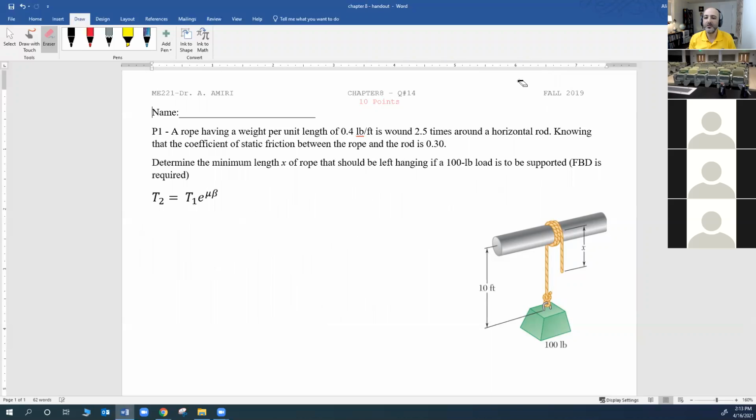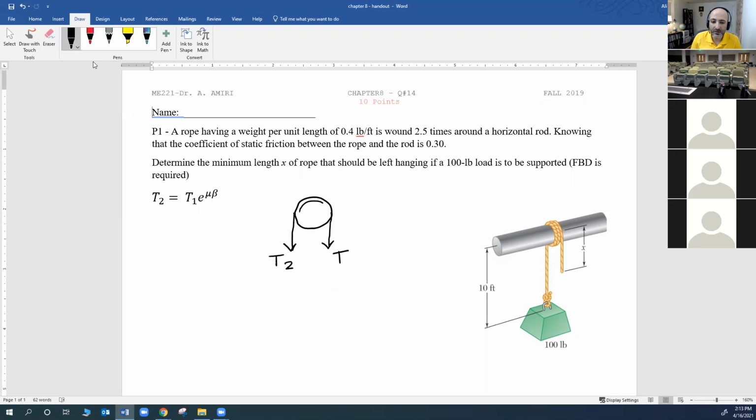Let me draw a kind of free body diagram for you. It's not an exact free body diagram, but kind of. This is a cylinder. I'm going to put a force going down, I'm just going to call it T for now, and then T2, and then I have friction all along the surface.